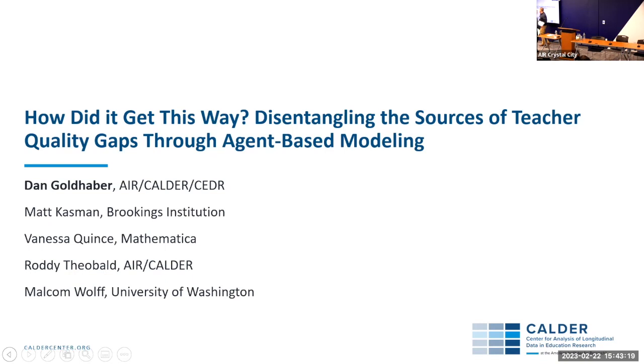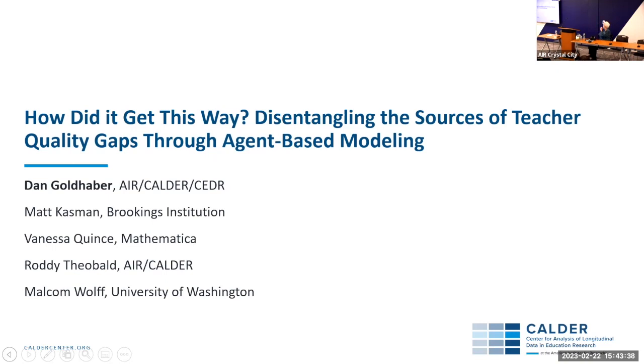Sorry. So this is a paper that I did with Matt Kasman from Brookings, who is over on the other side of the room. First time I've met Matt in person, which is nice. And some folks that were all at one point out at the University of Washington, Vanessa, Roddy, and Malcom.